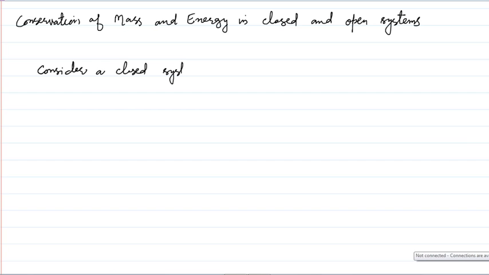System which contain basically suppose C components. That means this system is made up of C components.